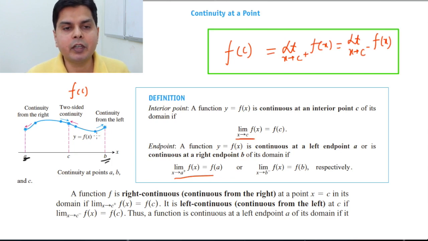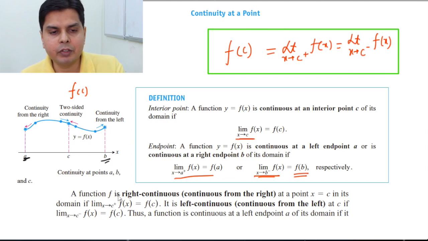Similarly, to check continuity at the right end point b, I will check whether the left hand limit at b is equal to the value of the function at b. So this is the definition of continuity at a point and continuity at the left end point and the right end point.